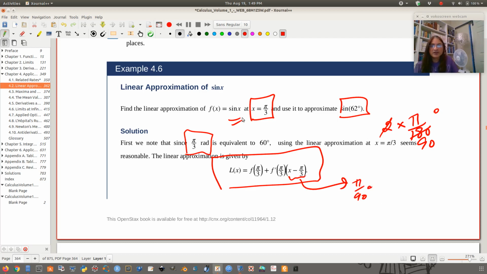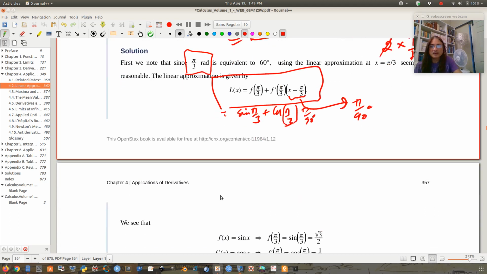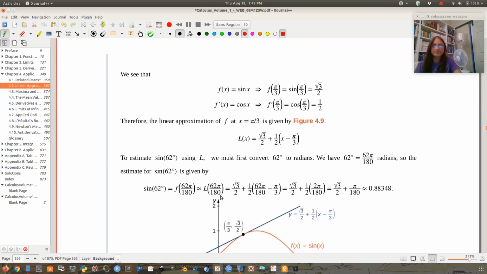And sine of pi over 3 is here, plus the derivative of sine, which is cosine, cosine of pi over 3, times pi over 90, in radians. That will be the approximation of sine 62 degrees. Sine of pi over 3 is square root 3 over 2. Cosine of pi over 3 is 1 over 2.